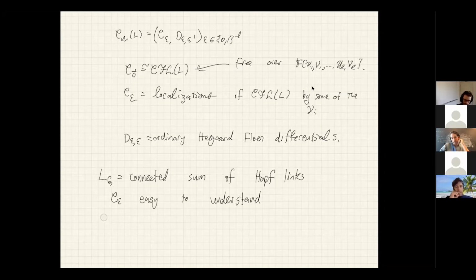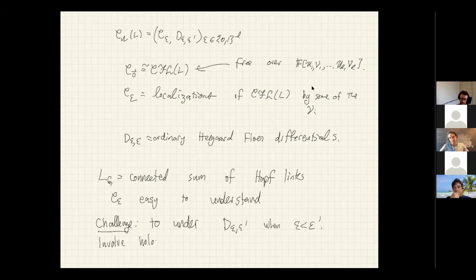Let me write it this way. The remaining challenge is to understand the D epsilon epsilon prime, these maps in the cube which move farther in the cube when epsilon is less than epsilon prime. And these are going to involve a large number of holomorphic polygon counts.